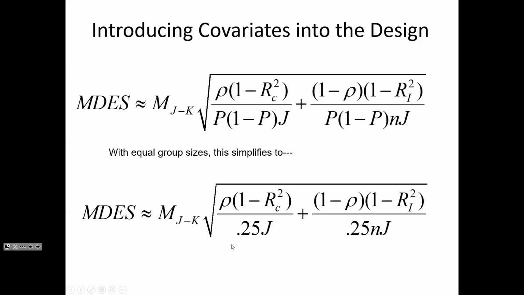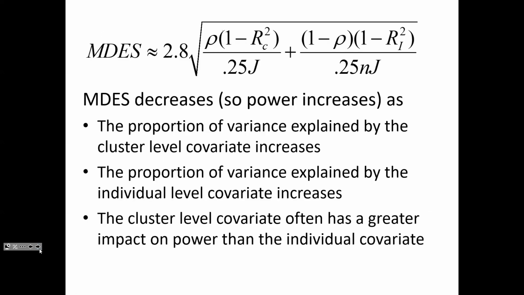And what might not be totally obvious to you when you look at that formula, and if not, that's fair, is that power increases as the proportion of variance explained by the cluster level covariate increases.